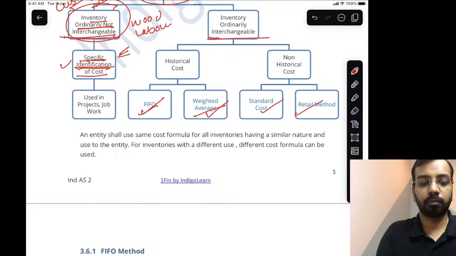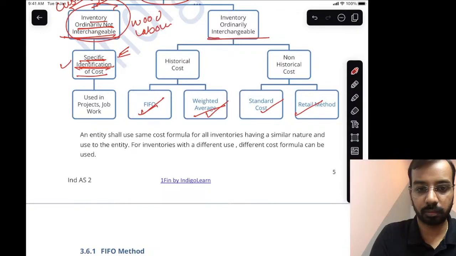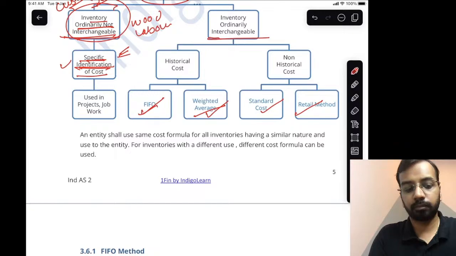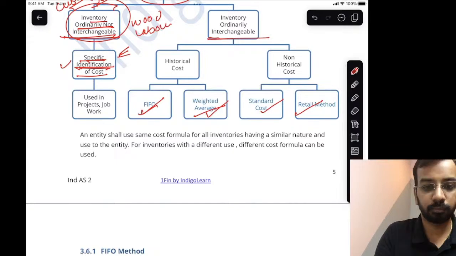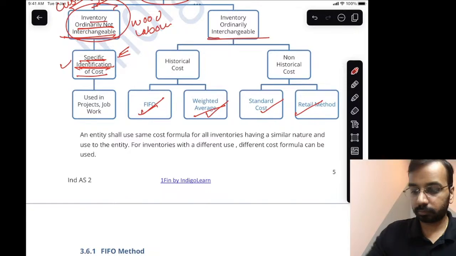Just give me a moment. The file is taking time to load. Okay, when it loads, I'll definitely share the screen with you.